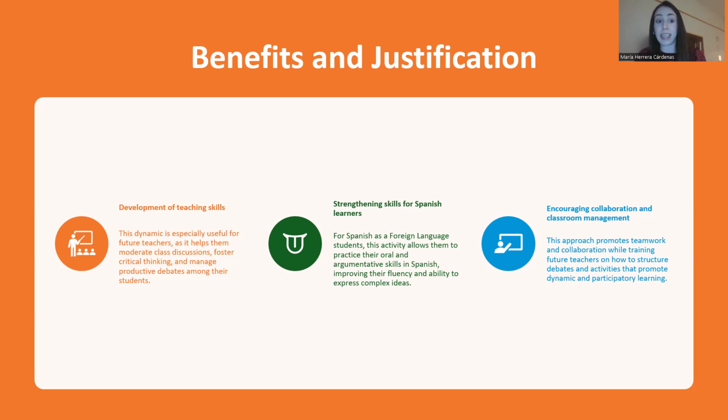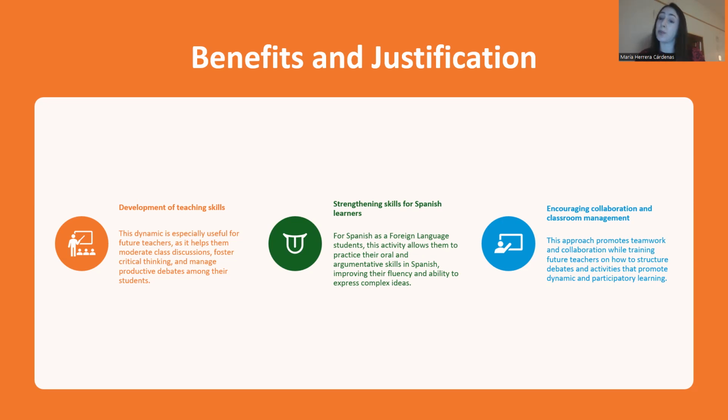So this dynamic is particularly useful for future teachers also. And in general, it's an activity that helps students moderate class discussions, and it also fosters critical thinking and manages productive debates among different students.